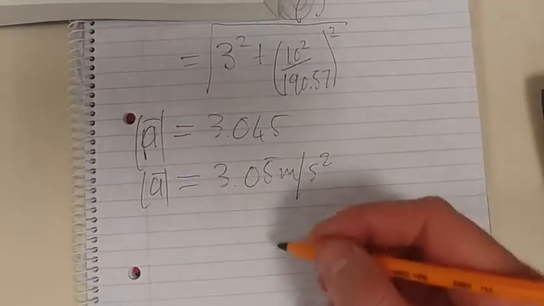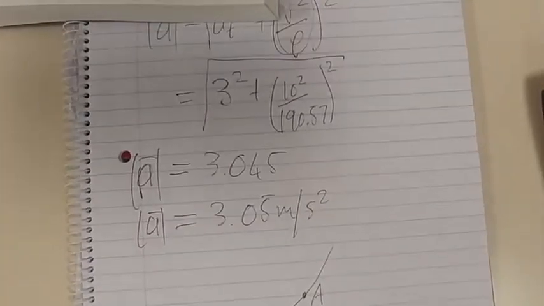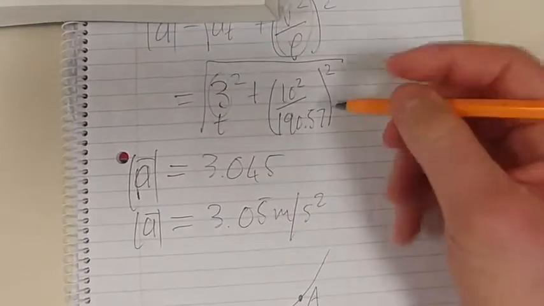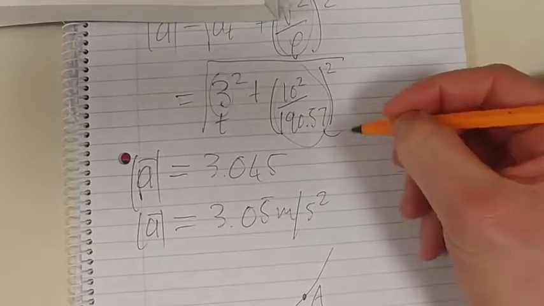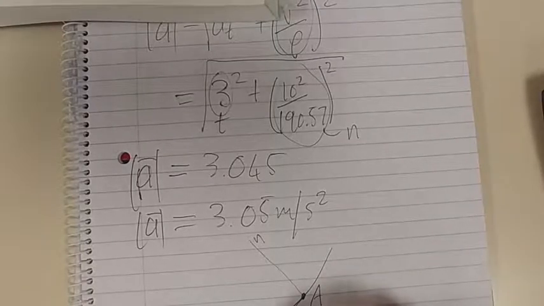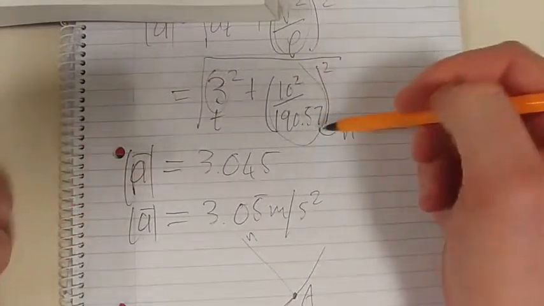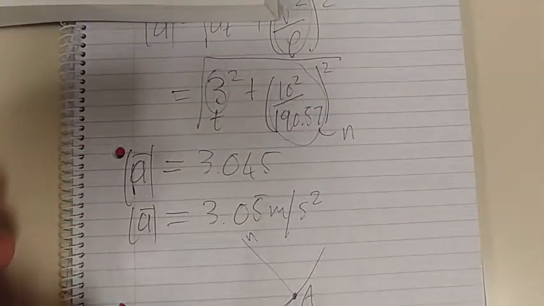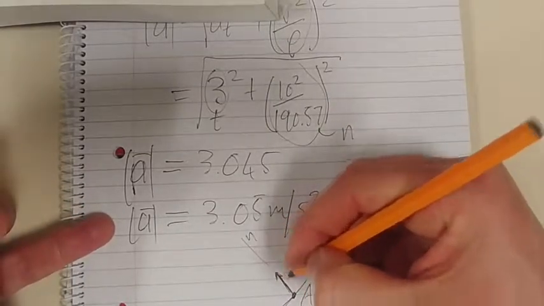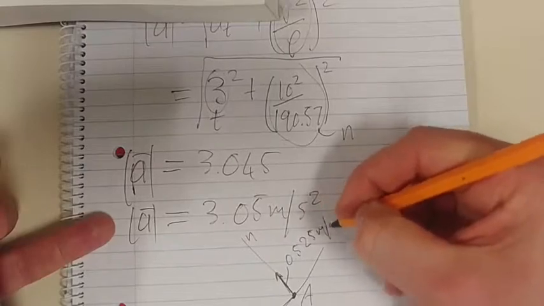Now, like I always ask in class, let's draw the vectors. If you've got the curve here and there's point A, my tangential component is 3, and this will be my normal component. My normal will be 10 squared divided by 190.57, which gives an acceleration of 0.525 meters per second squared.